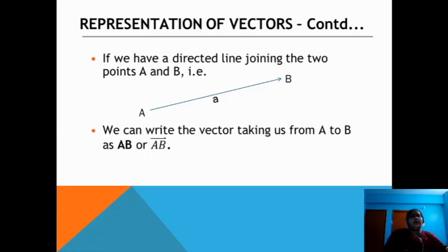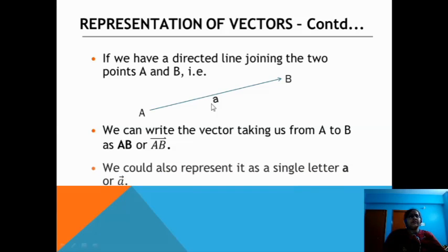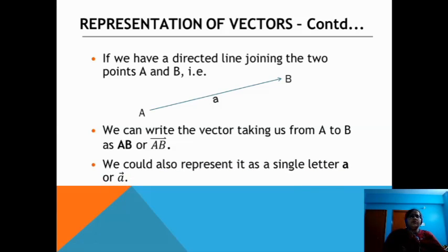We write this vector taking us from point A to B as AB in bold letters, or AB with a small vector sign up. Another notation is also possible, where the vector AB is represented by a single letter A. In that case we will write the vector as A in bold, or A with a small arrow or vector notation. Okay, so this is how we represent a vector with respect to a 2-dimensional coordinate system.